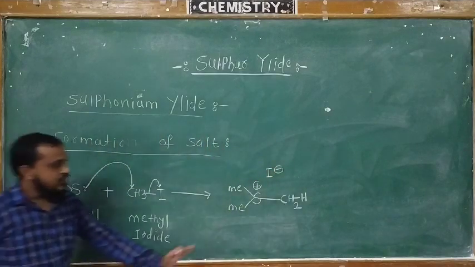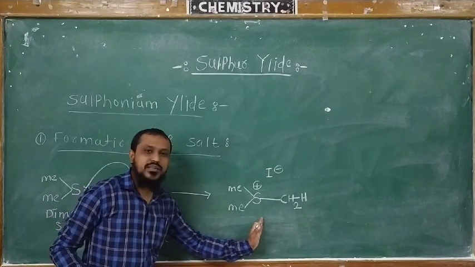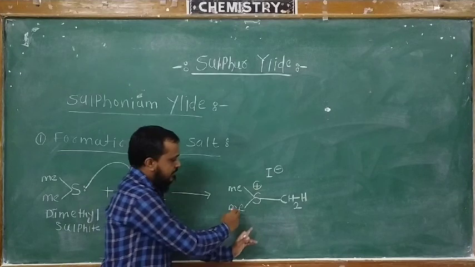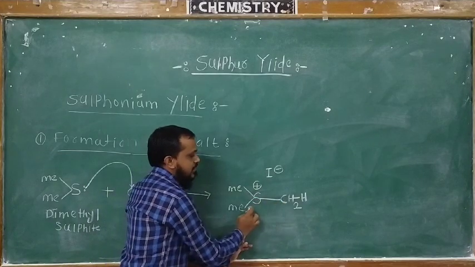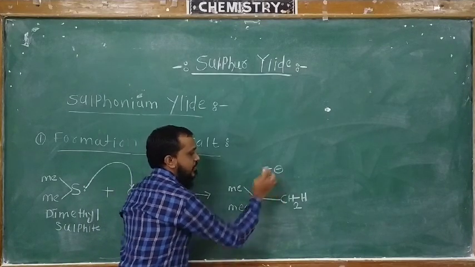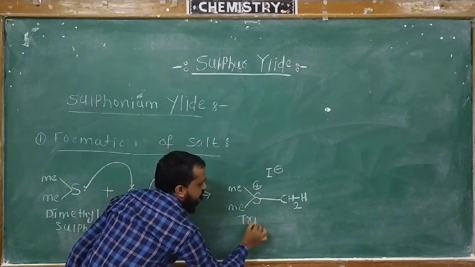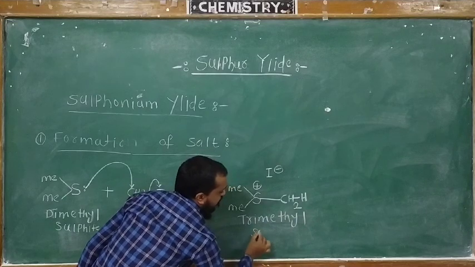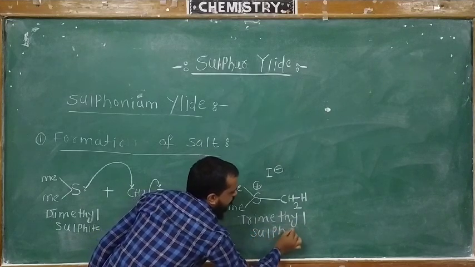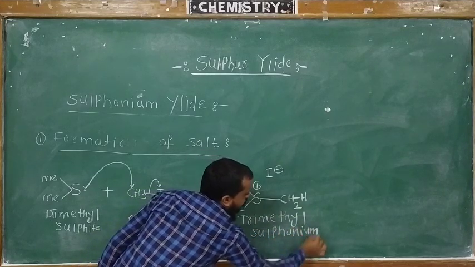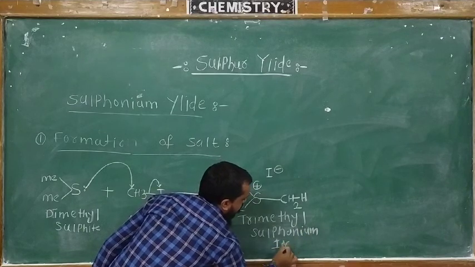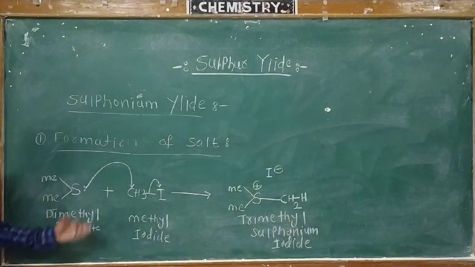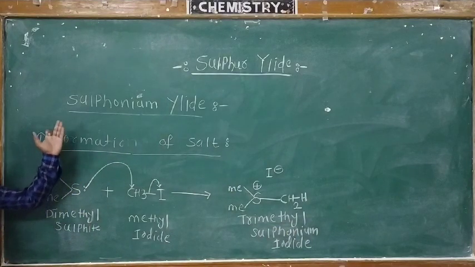Okay, so this is our first step intermediate called trimethyl sulfonium iodide.